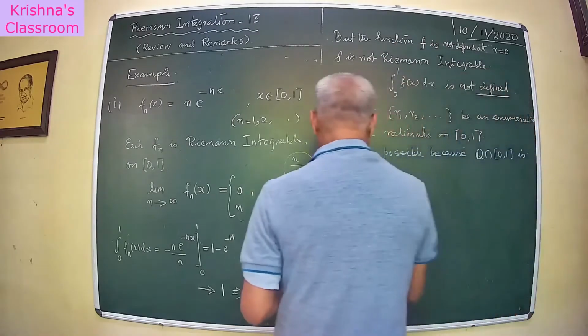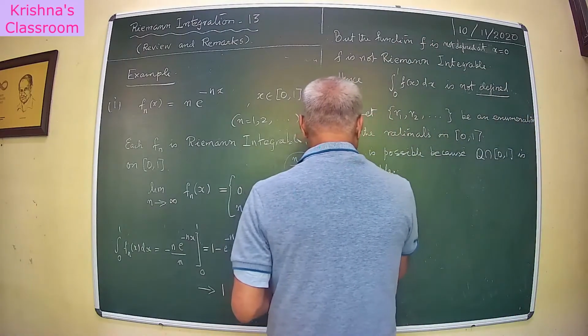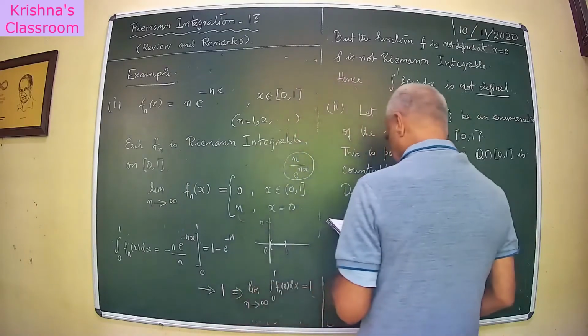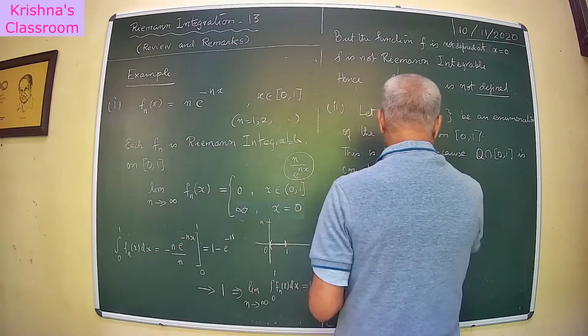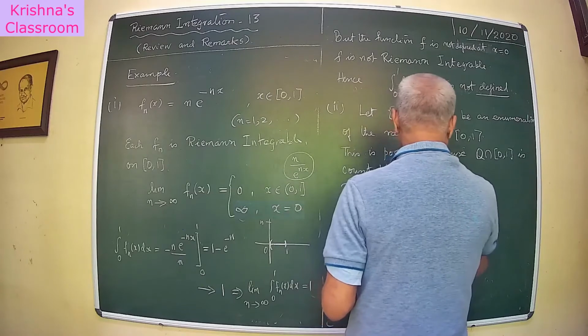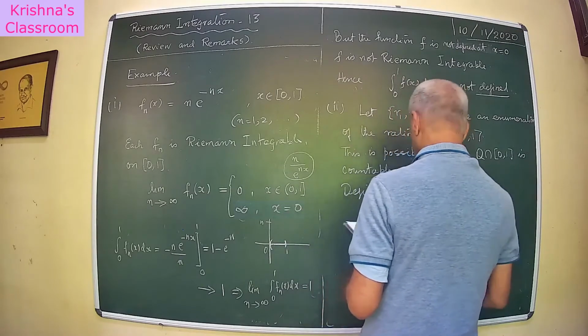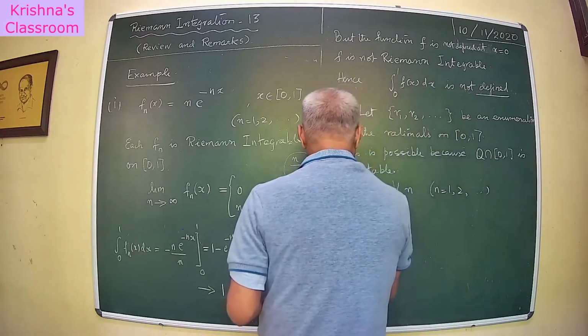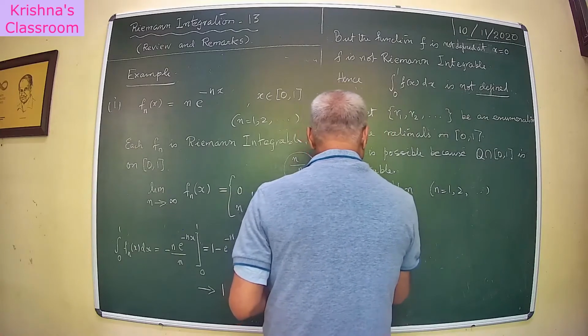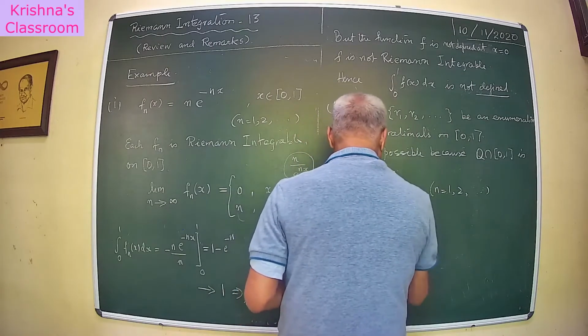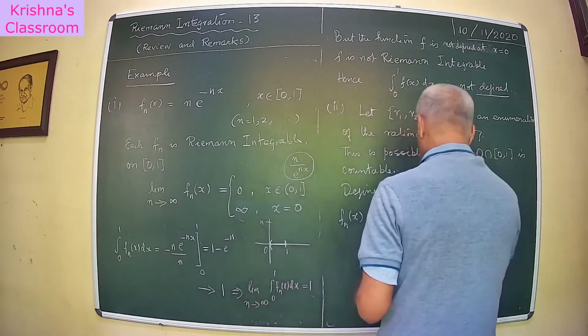Now we define the following. A sequence of functions defined for every n equal to 1, 2, and so on.